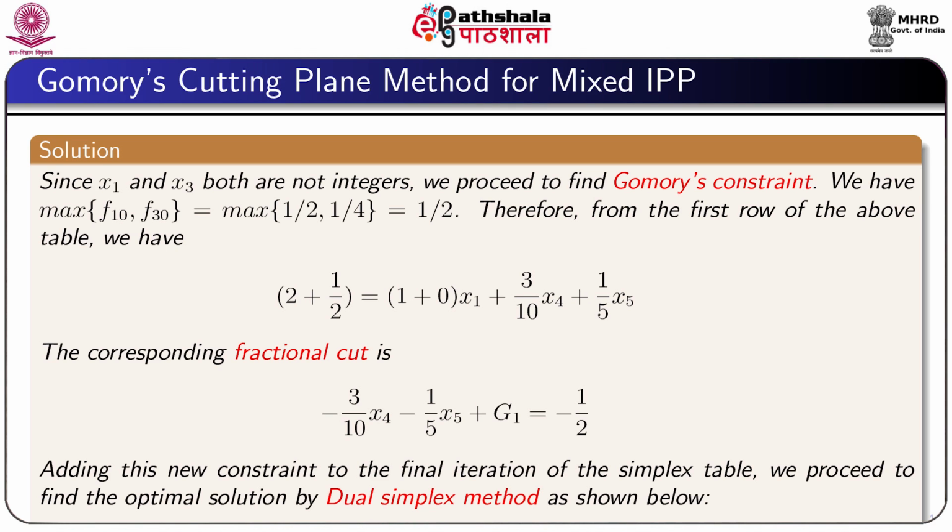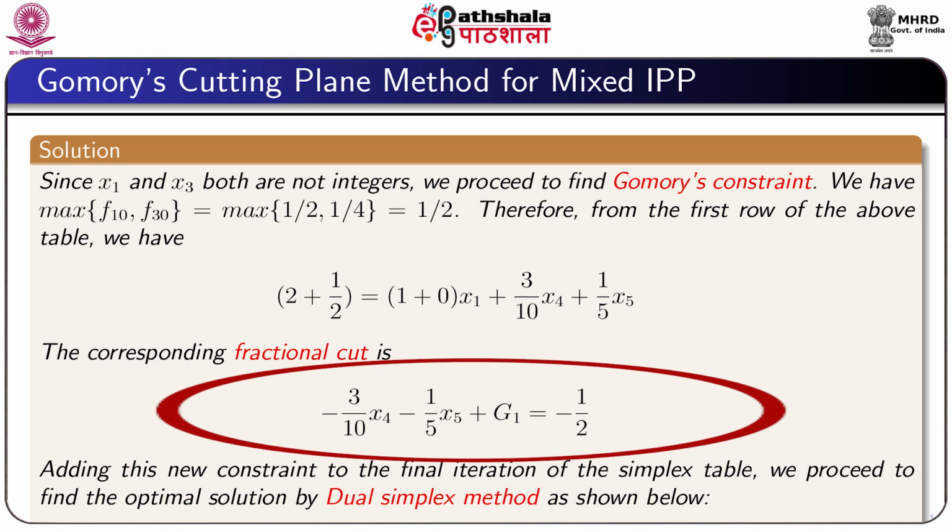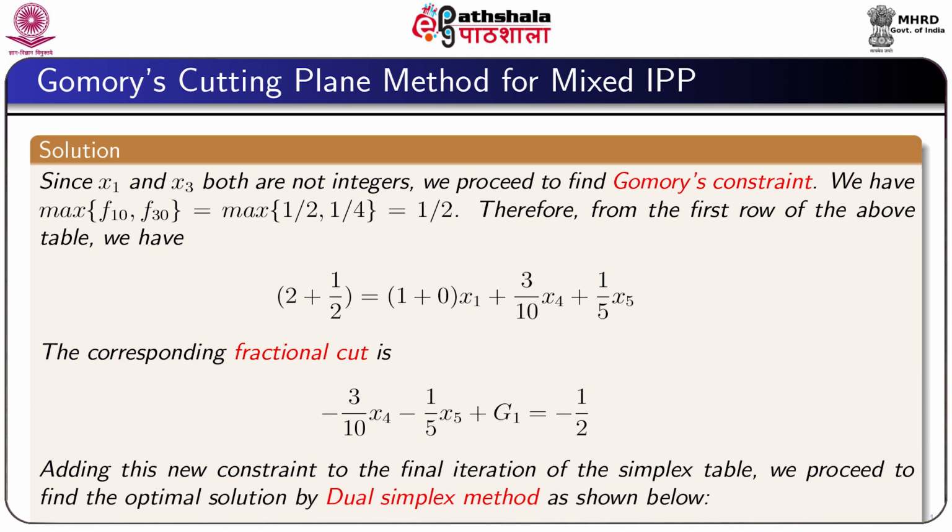The corresponding fractional cut is minus 3 by 10 into x 4 minus 1 by 5 into x 5 plus g 1 equal to minus half. Now, adding this new constraint to the final iteration of the simplex table, we proceed to find the optimal solution by dual simplex method.